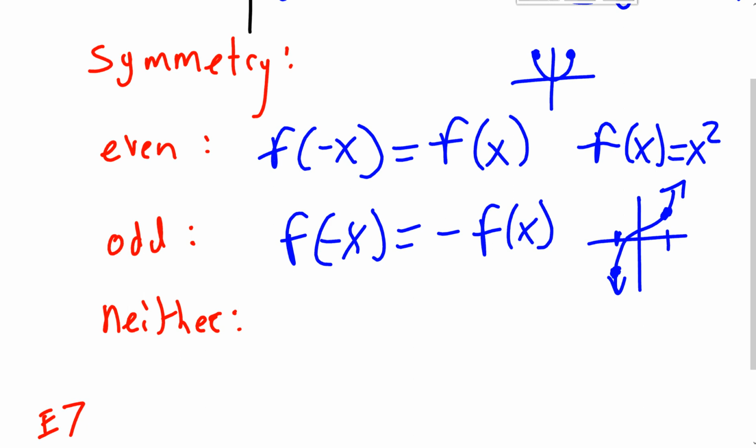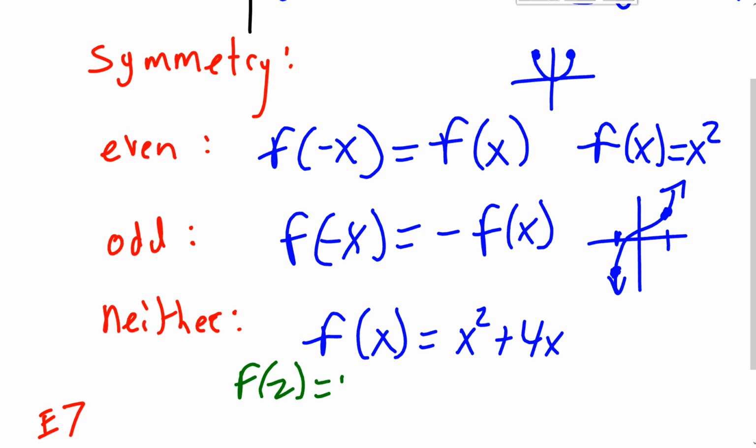Okay, neither, well, if it's not even or odd, then it's neither odd nor even. So not necessarily all quadratics are even, because if I have f of x equals, say, x squared plus 4x, when I plug in, say, 2, right, I get 4, I get 8, so I get 12, right?